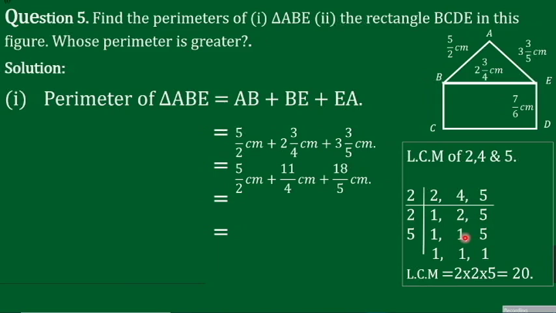Again 2 1s are 2, 2 1s are 2 and 5 still here. 5 1s are 5, 5 1s are 5, 5 1s are 5. So LCM of this, here we have 20. Okay, if you don't know beta how to find LCM, you comment to me that you don't know LCM, then I will explain how to find LCM. Clear?